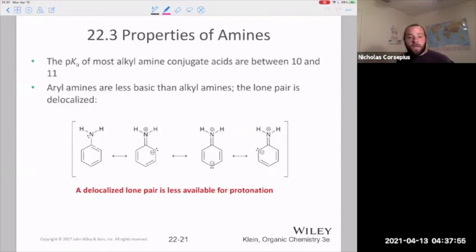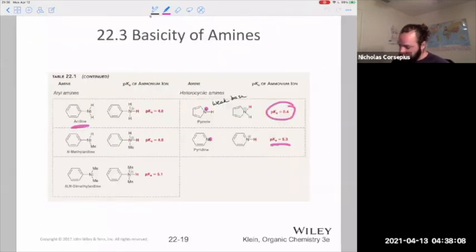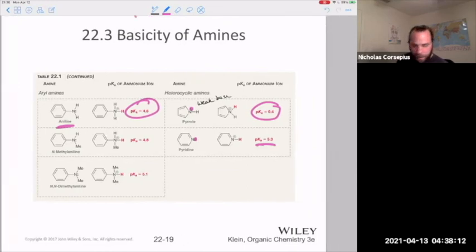Okay, so one of the things that we saw with aniline is, we talked about how normal alkylamines have pKa's of the conjugate acid around 10, 11. Aniline was much lower, right? So it's much weaker of a base. Why is that?